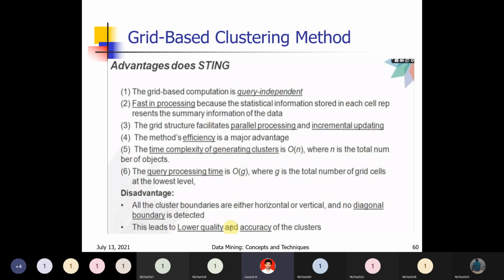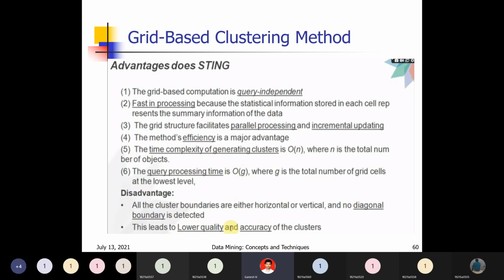The grid structure facilitates parallel processing and incremental updating. Why parallel processing? Because the upper level layer is divided into parts, and next each is subdivided again, so it looks like parallel processing, and also incremental updating.